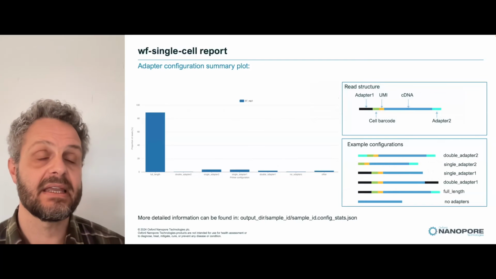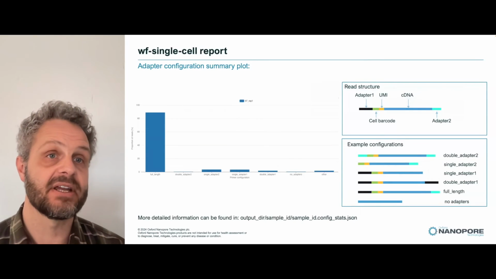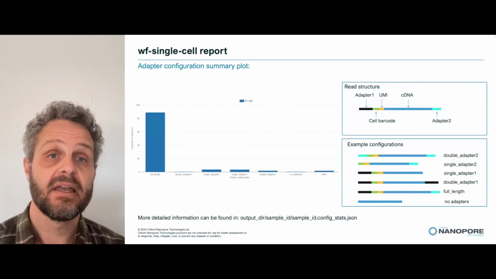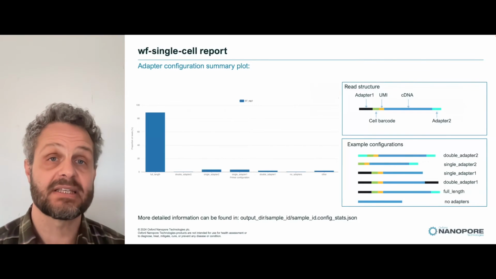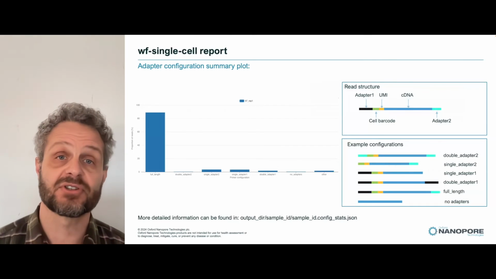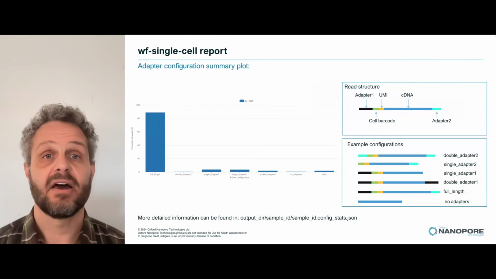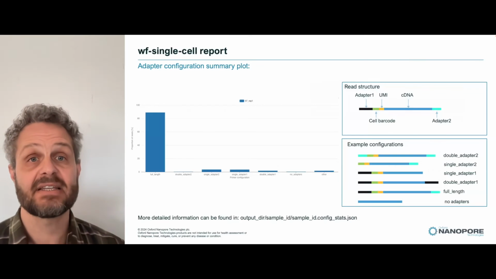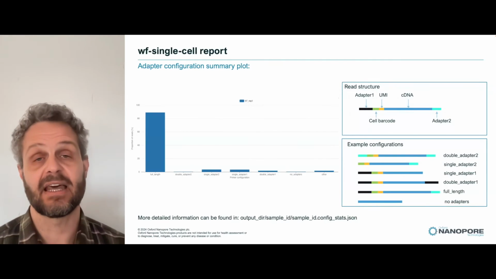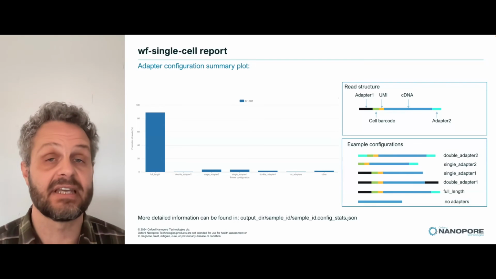And then we come to the adapter configuration summary. In the top right box we see a labeled read structure, and this one would be a full length read. It's a read segment which is flanked by the 2 expected adapters in the expected orientation.